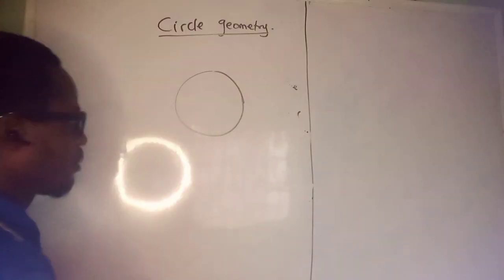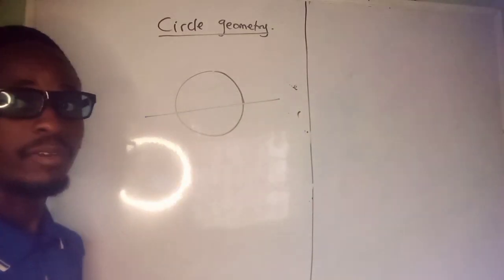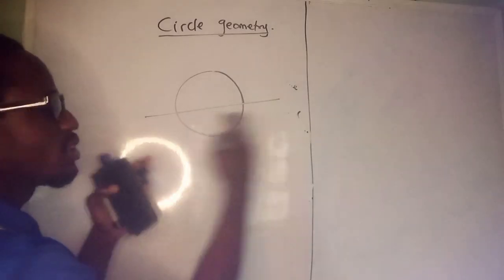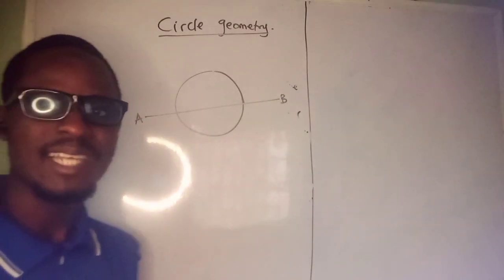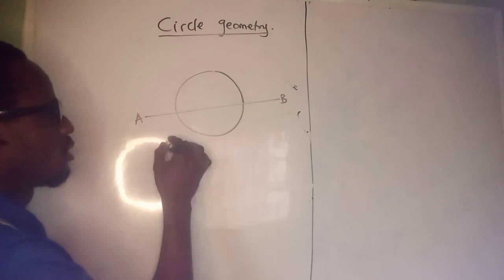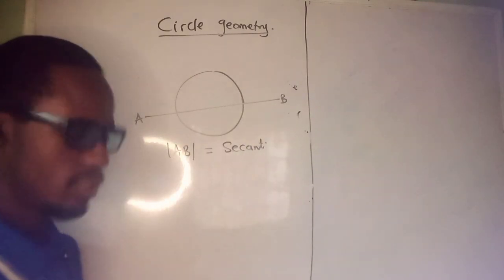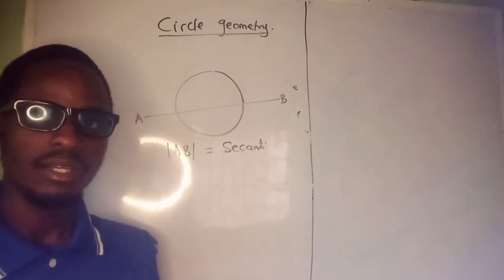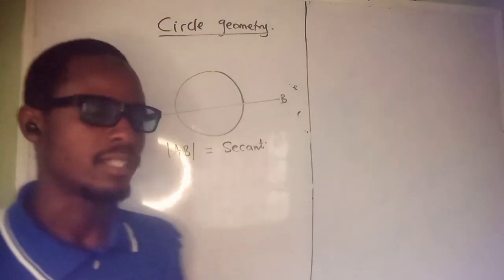So now let's talk about the line that passes through the circle like this, either dividing the circle into two equal parts or not. Since it's not within the circle, AB will be called a secant. That is the line that passes through the circle and is not within the circle, so it's called the secant.